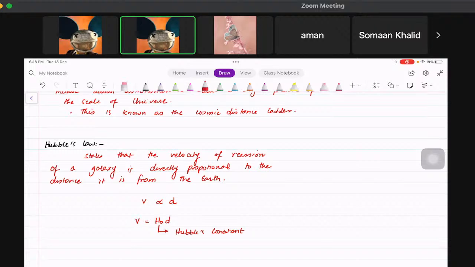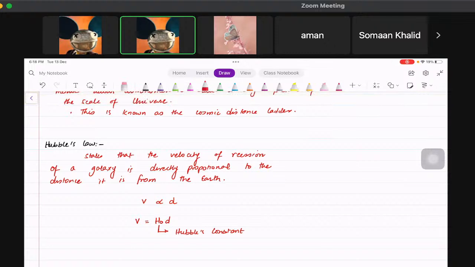Okay. Now, I just want to give you basically an order of magnitude, that how we can actually find and what methods there are to find different cosmic objects from us. All right.